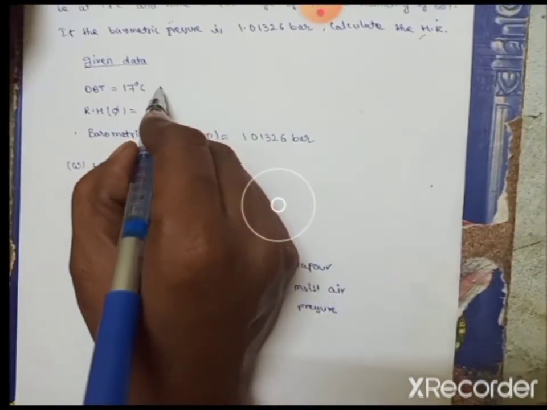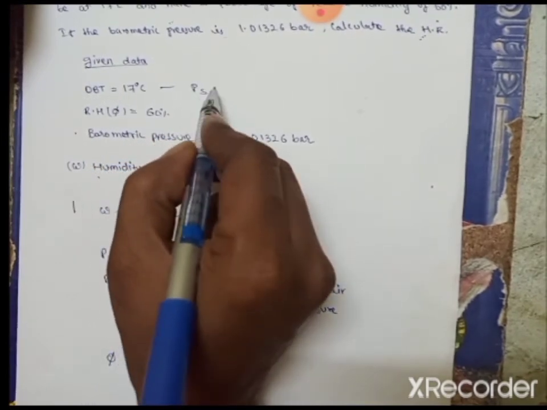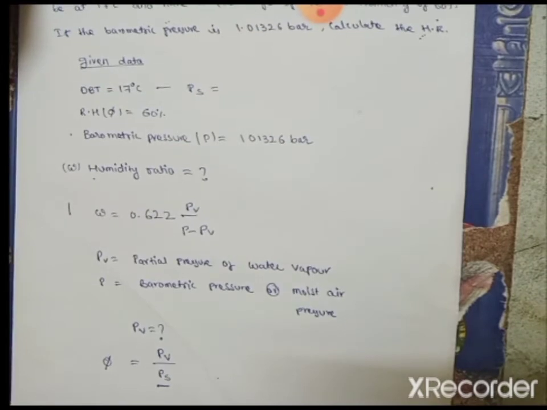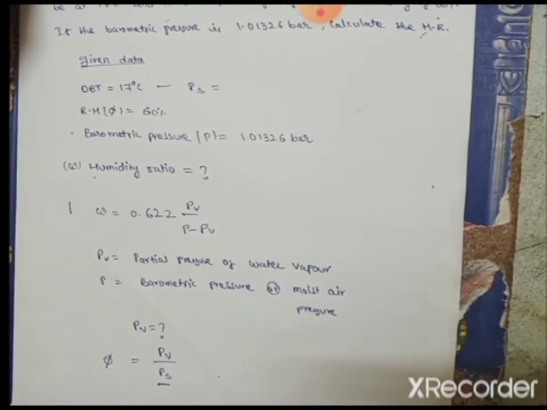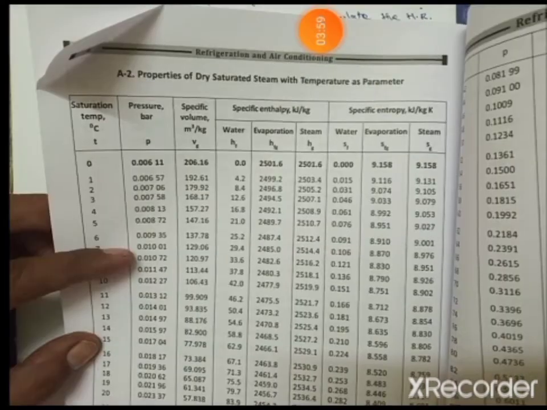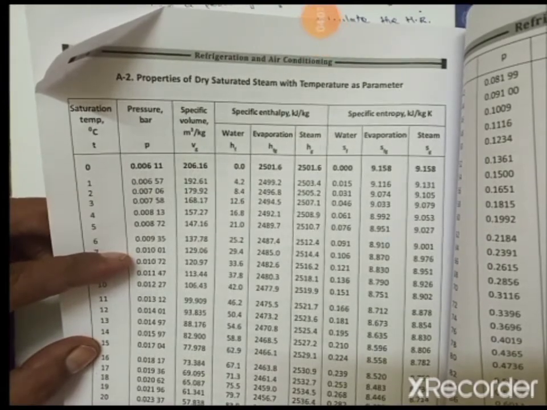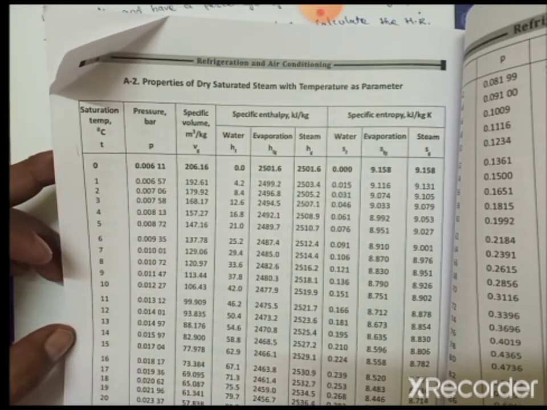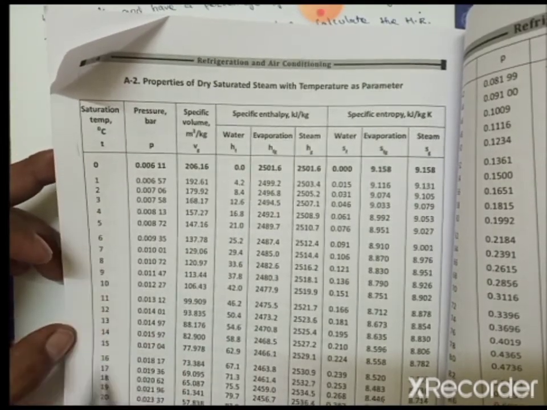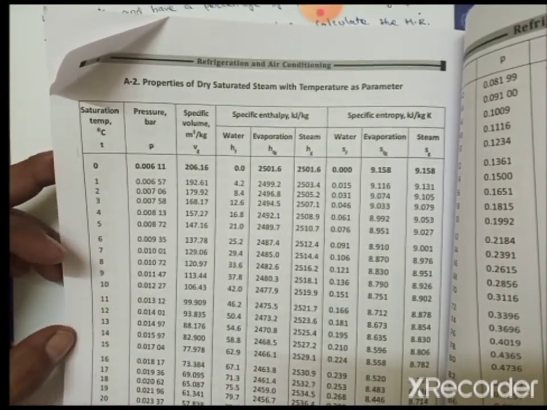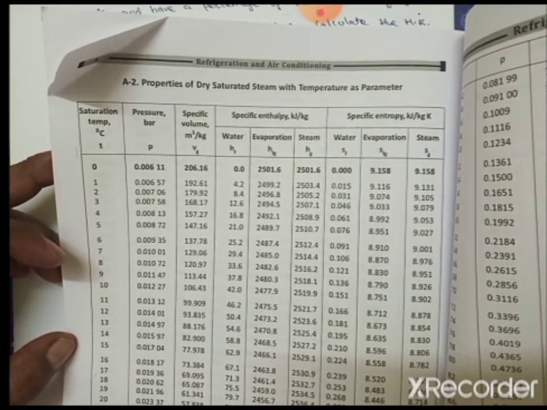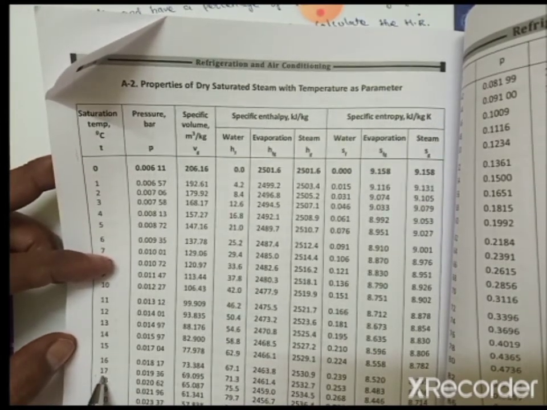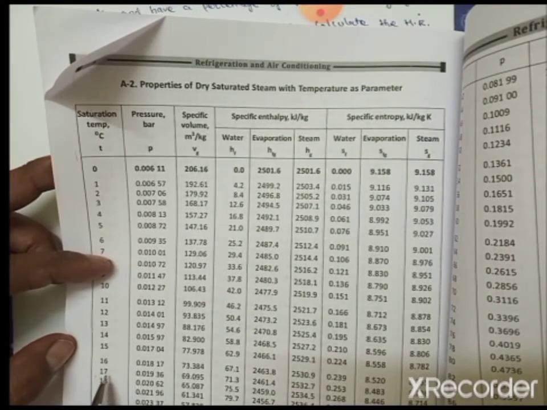It will be collected from the steam tables. See here, this is the saturation temperature, the dry bulb temperature. What is the dry bulb temperature? 17 is the dry bulb temperature.